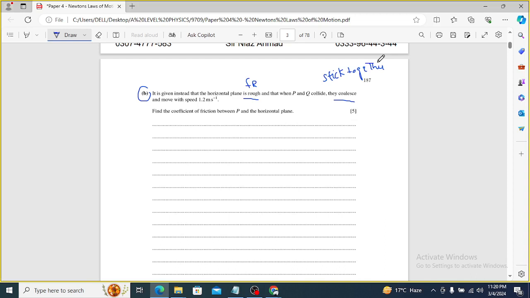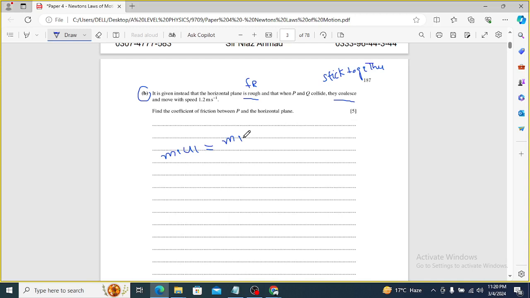So the momentum at the start is m1u1 equals, the second momentum is 0, but they coalesce together. So m1 plus m2, add these two masses, into the common velocity, which is 1.2.